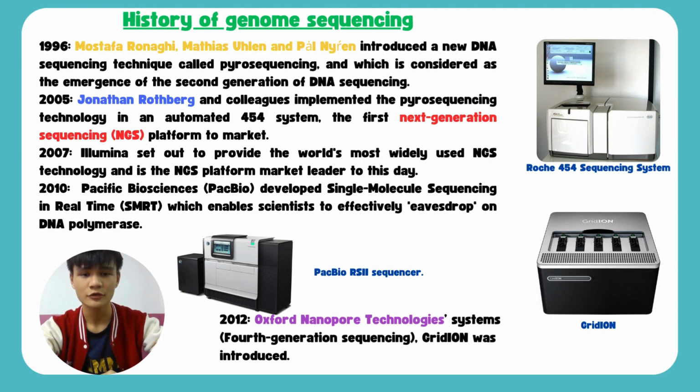And also, in 2010, PacBio developed the first third generation sequencing method, which is single molecule real time sequencing, SMRT. And also, in 2012, Oxford Nanopore Technologies successfully developed the fourth generation sequencing, which is nanopore sequencing. The fourth generation sequencing is more popular than third generation sequencing, as it brings more outstanding benefits, and both of them have a similar method.